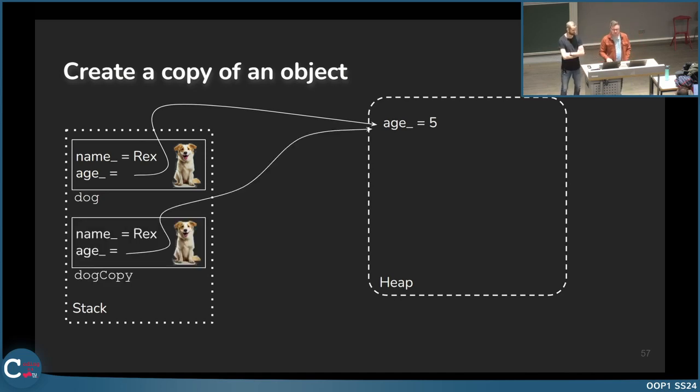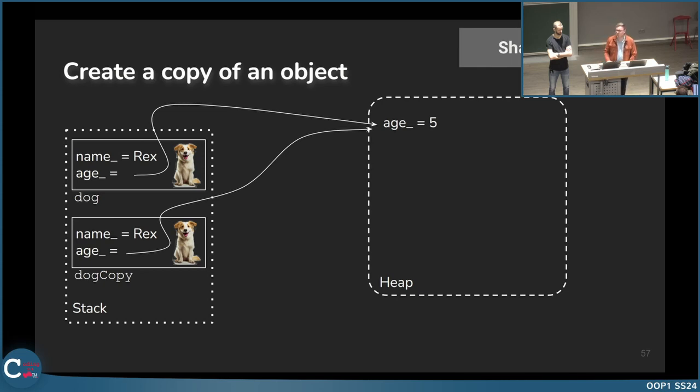In that example, our dog copy also points to the exact same one. And this is called a shallow copy, because we just copy the variables from the stack, and the heap memory isn't copied. So it's the same. The reference goes to exactly the same object on the heap.